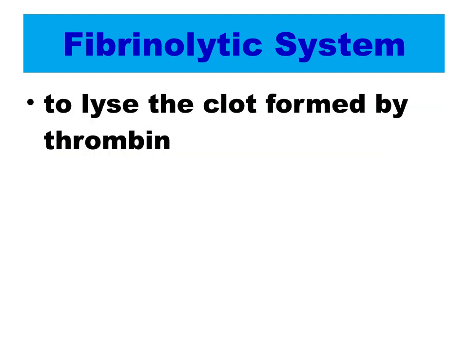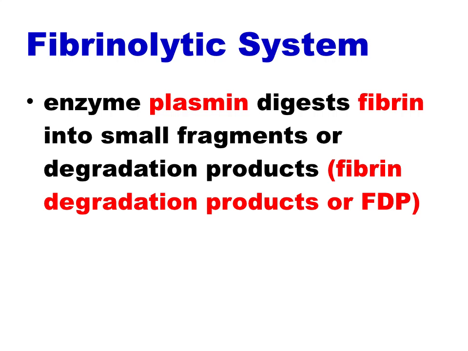So the role of the fibrinolytic system is to digest fibrin, which was formerly made in the coagulation pathway, when it is acted upon by plasmin. This plasmin will convert fibrin into small fragments, otherwise known as fibrin degradation products or FDPs.